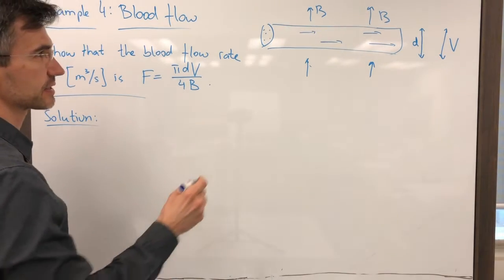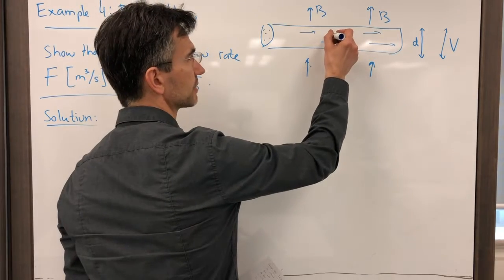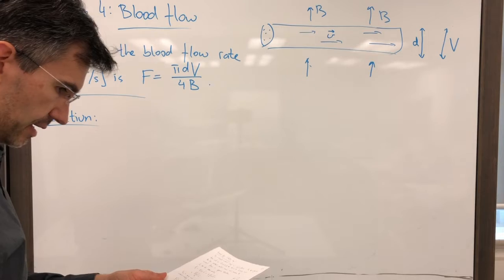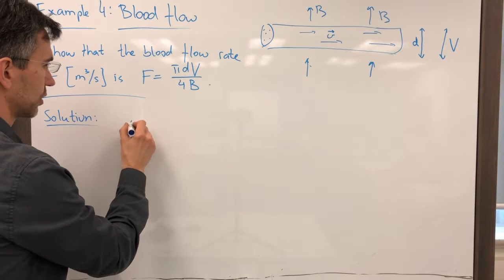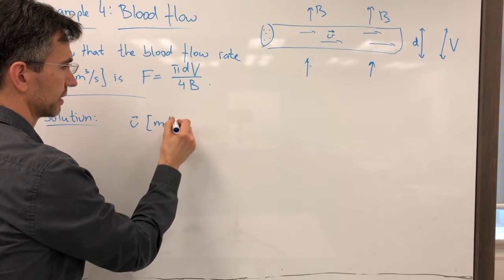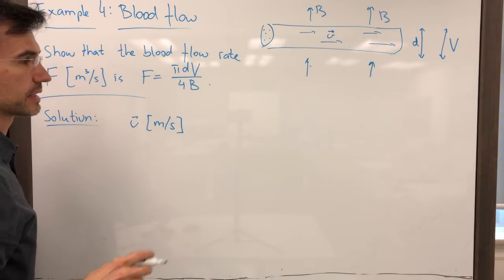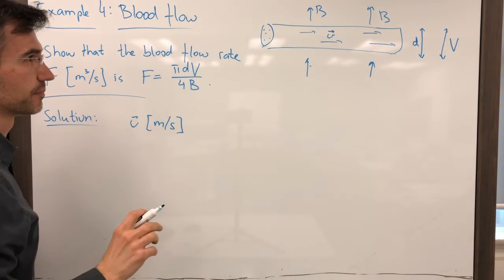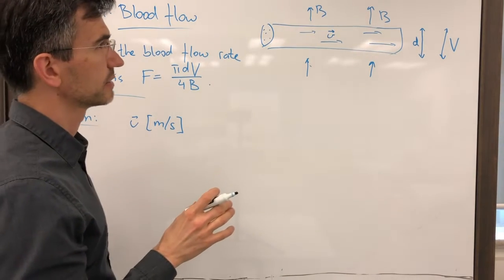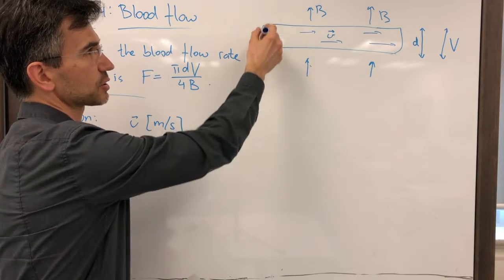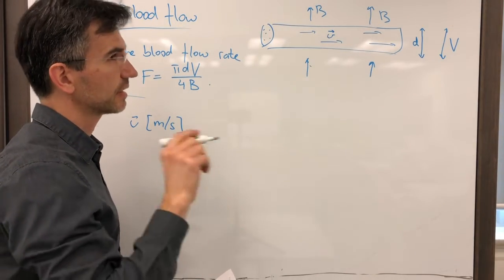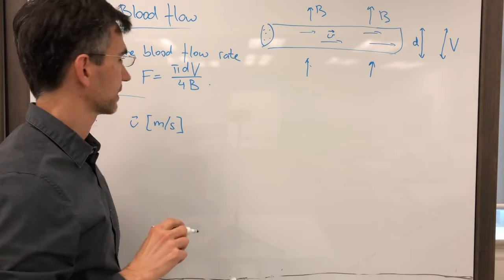Now let's first say that the velocity of the blood flow is going to be small v. It's going to go to the right. We know that small v, the velocity, is given in units of meters per second. To get the blood flow rate, so volume per second, we multiply the cross-sectional area, which is in square meters, times the velocity, which is in meters per second.